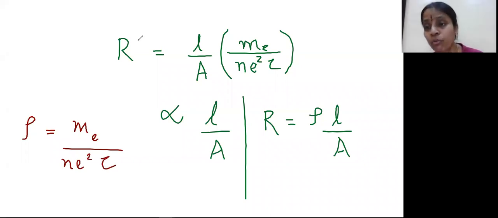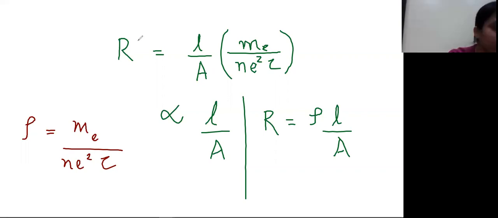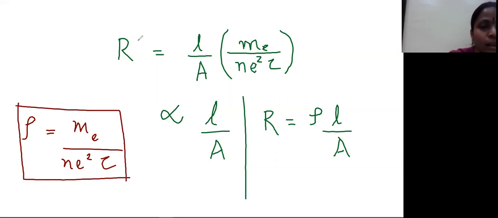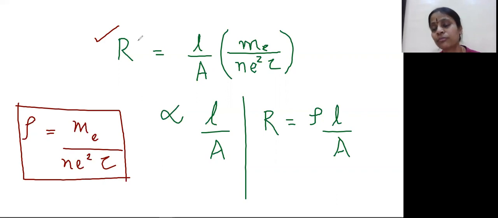And what is the rho called as here? Rho is called as the resistivity of the material of the conductor. That is what we are going to call rho as. So I'm going to put up rho here, and we have R here. So you can see that we are relating both resistance and resistivity with relaxation time.